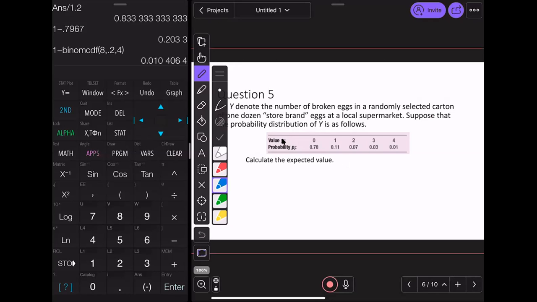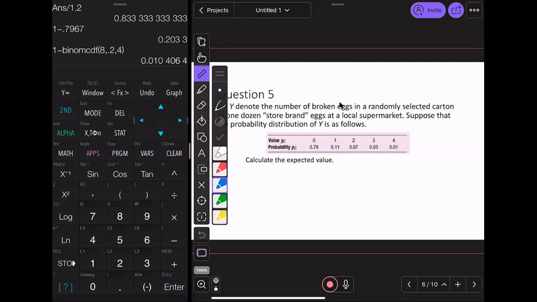Okay, so remember, to calculate the expected value mathematically, you are just multiplying these numbers here, and then you add them all together.